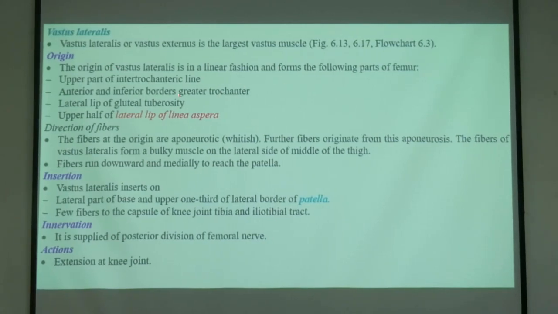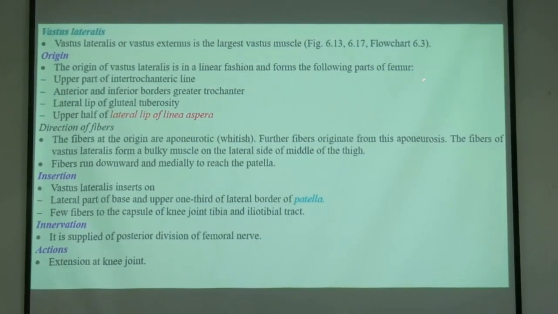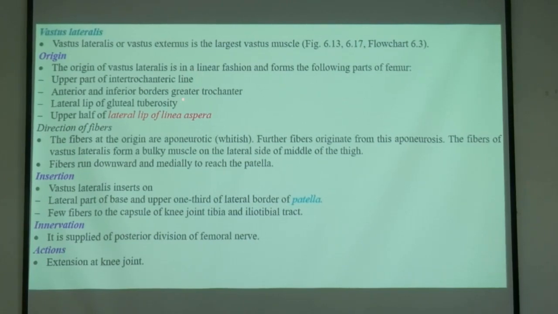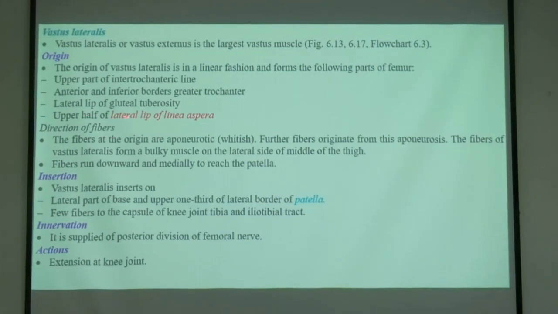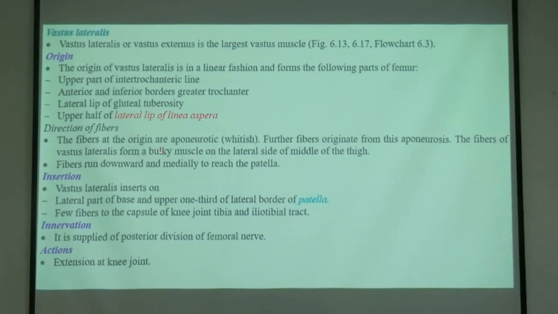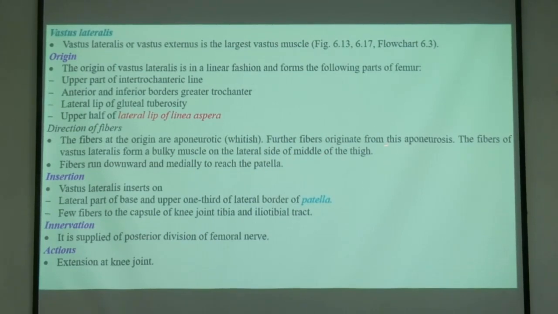So the origin of vastus lateralis is in a linear fashion from the following parts of the femur: upper part of intertrochanteric line, then anterior and inferior borders of the greater trochanter, lateral lip of gluteal tuberosity, upper half of the lateral lip of linea aspera. Now direction of fibers, the fibers at the origin are aponeurotic and further fibers originate from this.